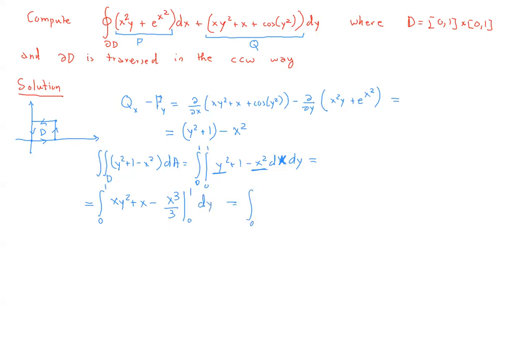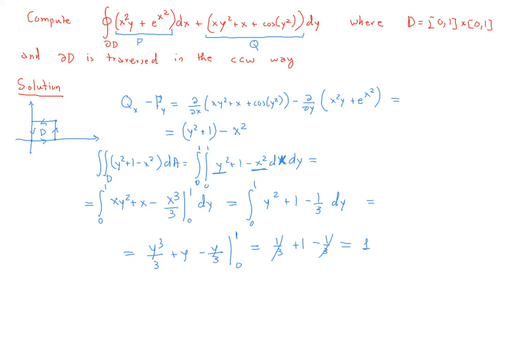And this is the integral from 0 to 1 of y squared plus 1 minus 1/3 dy, which is y cubed over 3 plus y minus y over 3 from 0 to 1. And this will be pretty much 1/3 plus 1 minus 1/3. These two things cancel each other, and you're left with the number 1. Okay, and that's a very, very simple application of Green's theorem.